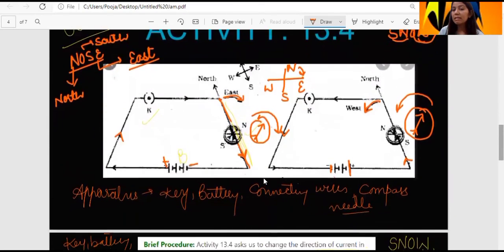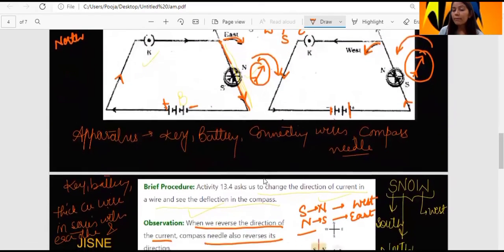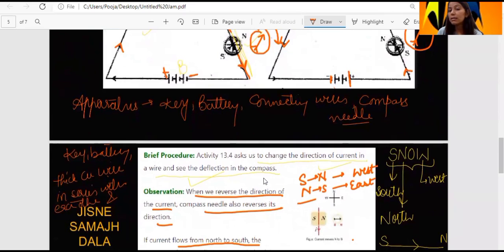Similarly, in activity number 13.4, what we have seen is that a change in the direction of current always reverses the deflection in the compass. In this case, we took a wire as well as connecting wires, a key, a battery, a thick copper wire and a compass needle. When we place the compass needle near the thick copper wire and switch on the key, when the current passes from south to north direction, we can say the deflection is towards the west.